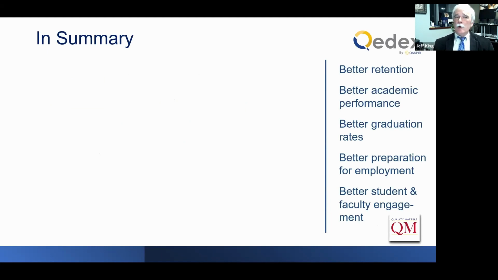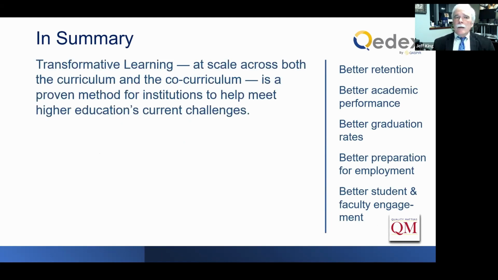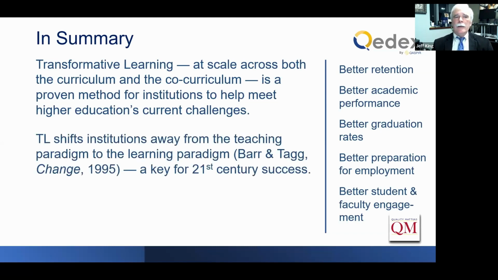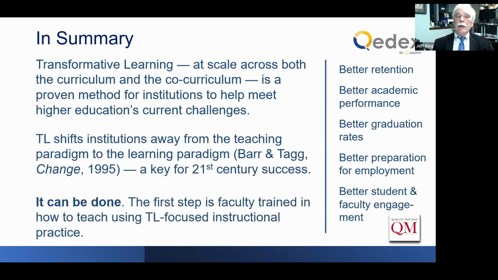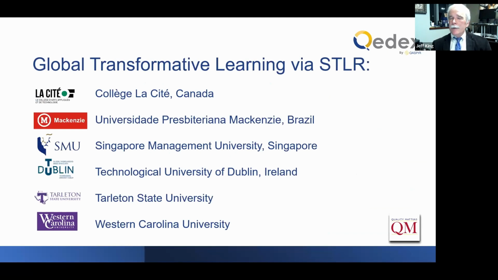So, in summary, transformative learning is possible in both the curriculum and the co-curriculum at scale, university-wide. It shifts the institution from the old way of teaching, called the teaching paradigm, to the student-centered learning paradigm, and it can be done. The first step is faculty development, faculty trained in knowing how to do it.